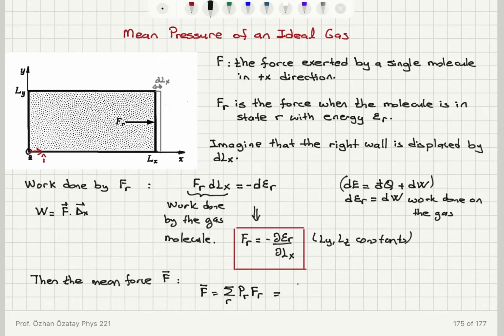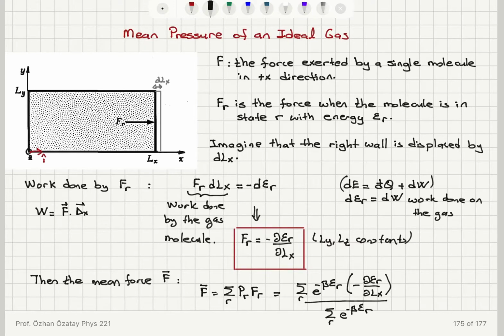So this will be the sum over all possible states of the Boltzmann factor e to the minus beta epsilon R, multiplied by the force, where the force is minus del epsilon R del Lx, divided by the partition function, sum over R of e to the minus beta epsilon R.